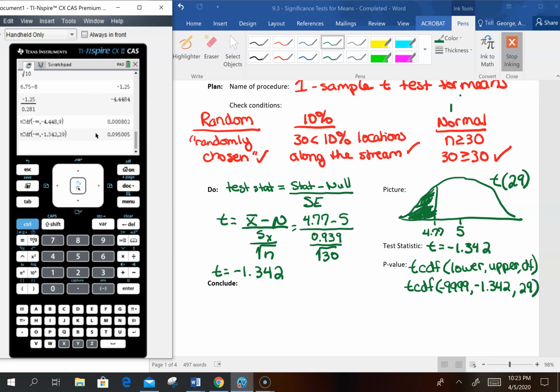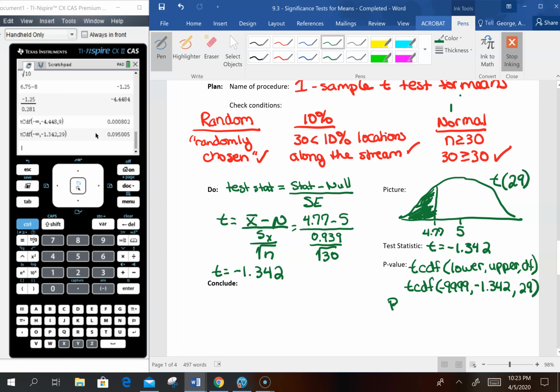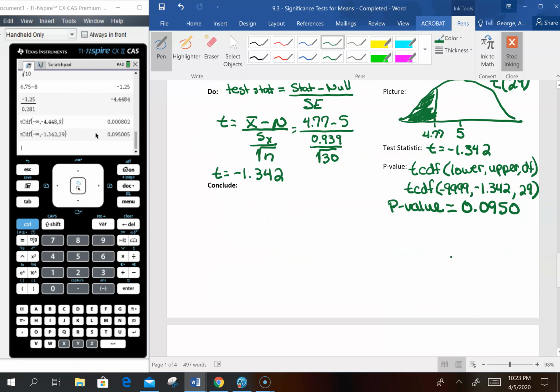And that ends up giving us, for our p-value, we get 0.0950. All right, so now we got to decide, are we rejecting or are we failing to reject? Well, 0.09 is not smaller than 0.05. So in this case, we have to fail to reject.